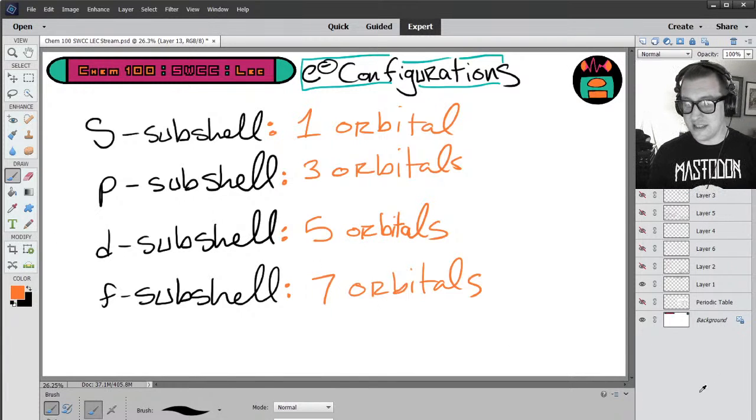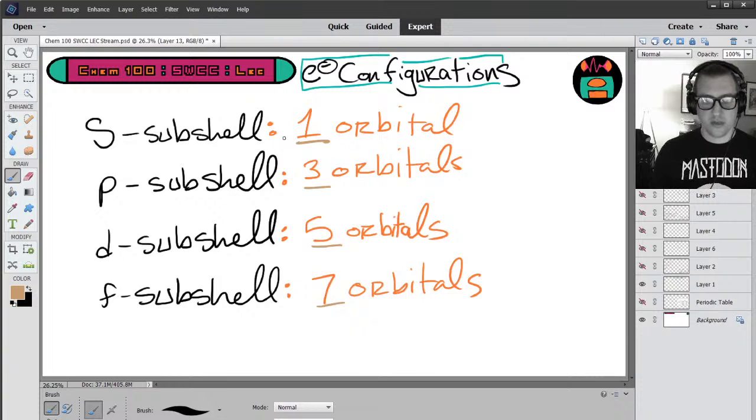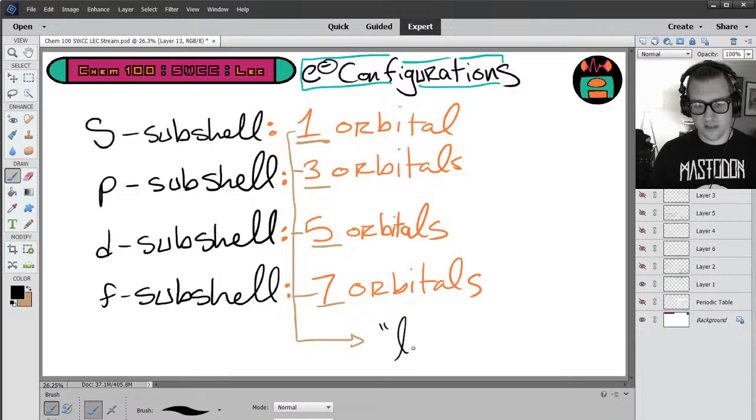And these orbital numbers, these are the lines in the orbital diagram.